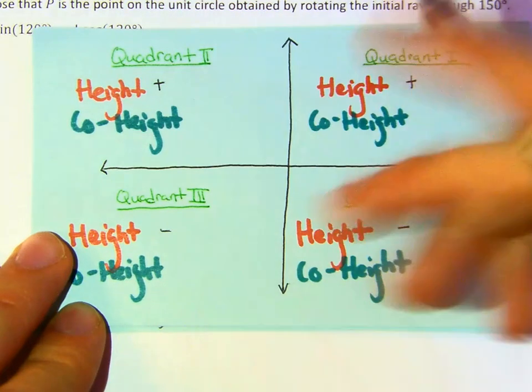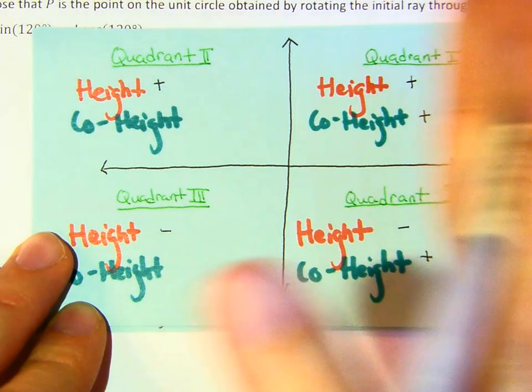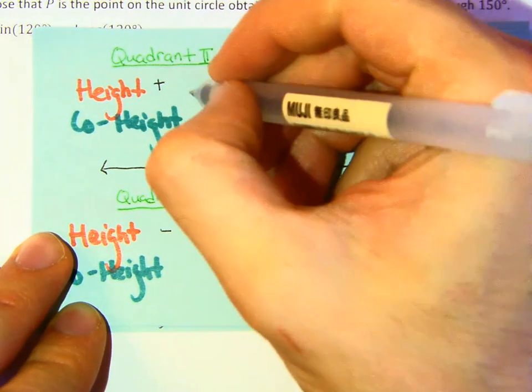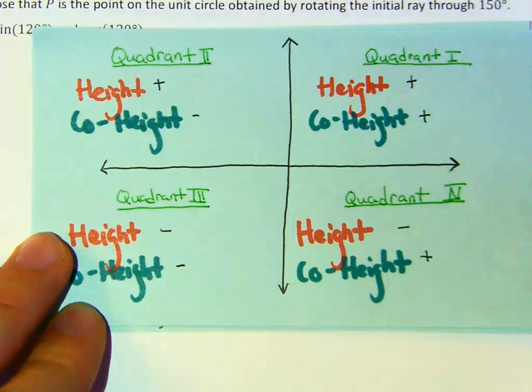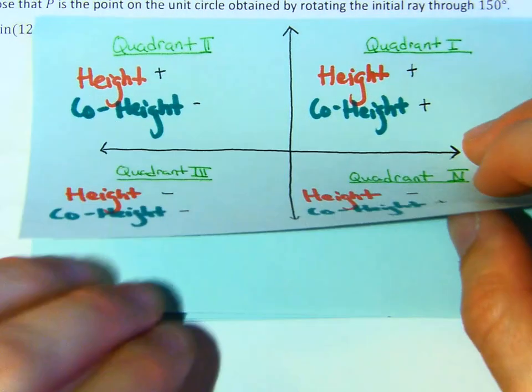Coheight was positive in quadrant 1 and quadrant 4 because the x values are positive here. And here, the x values over here will be negative. So and please have this in your notes, it'll be very important.